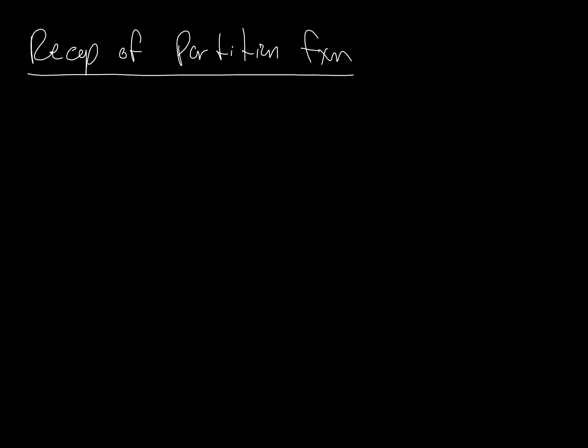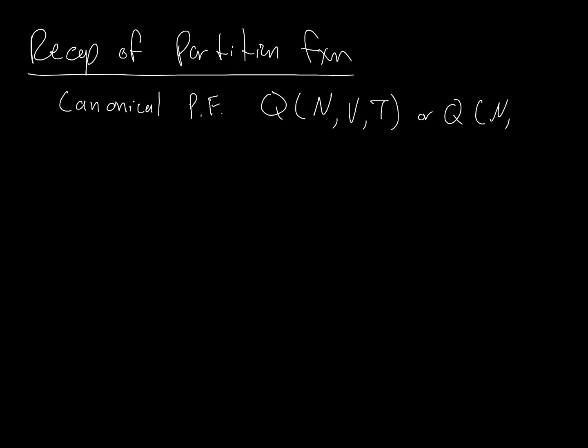Okay, so let's first start off with a quick recap of the partition function. And in this case, right now we're only talking about the canonical partition function, which we write as big Q, and it's Q of N, V, T, or Q of N, V, beta.